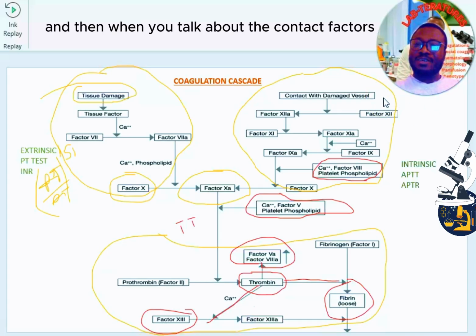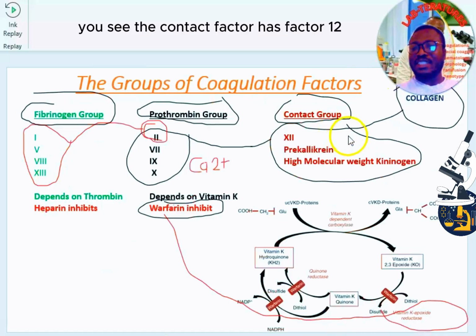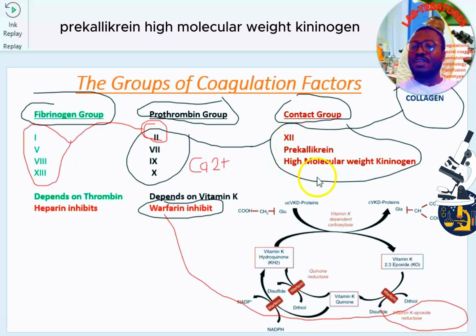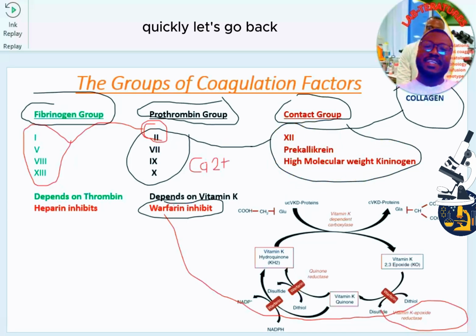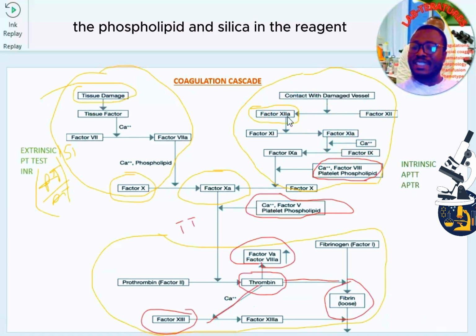And then when you talk about the contact factors, don't forget that we have factor 12 here. Going back to our video, you see the contact factor has factor 12, prekallikrein, high molecular weight kininogen. Quickly, let's go back. Now you've got factor 12 activated because of what? The phospholipid and silica in the reagent, performing the role of collagen.